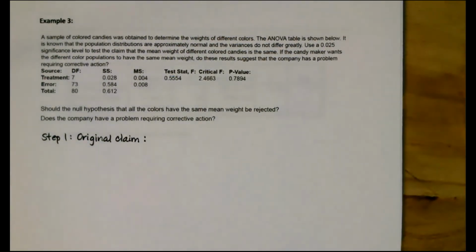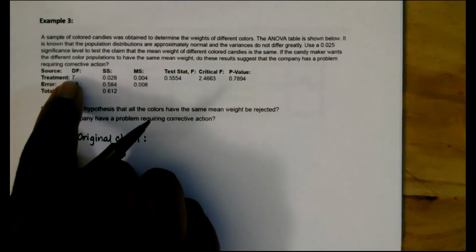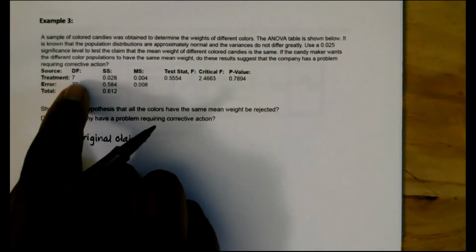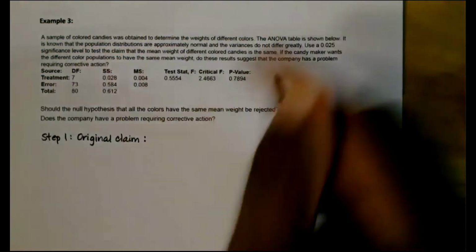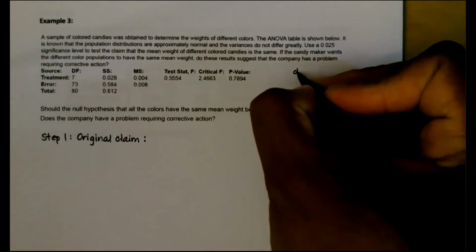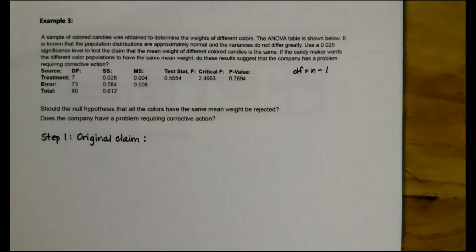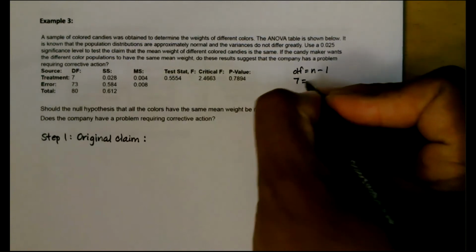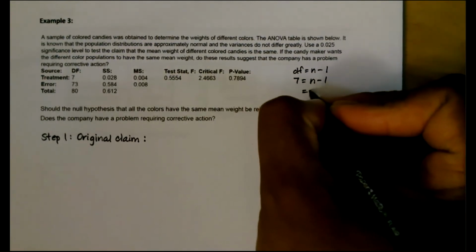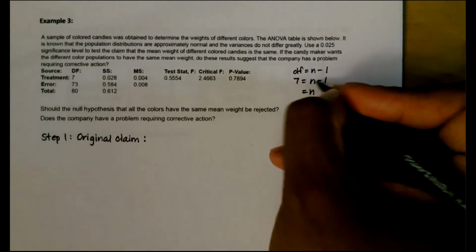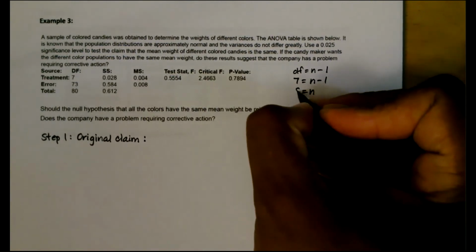Now the question is, how many means do I need? Do I need 3? Do I need 4? Do I need 5? Well, let's look at this right here under DF. That's degrees of freedom. In this case, the degrees of freedom is 7. And I know that degrees of freedom is 1 less than the sample size. So 7 is equal to n minus 1. What number minus 1 gives me 7?